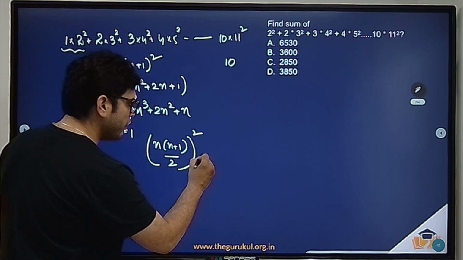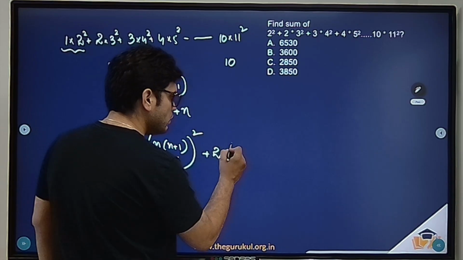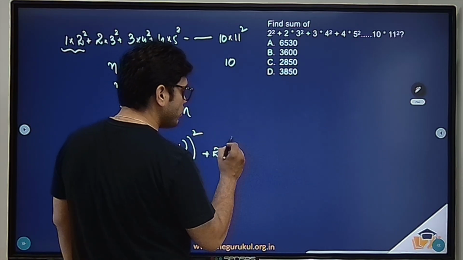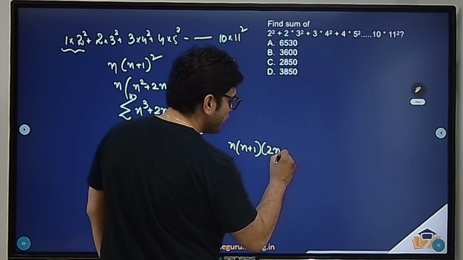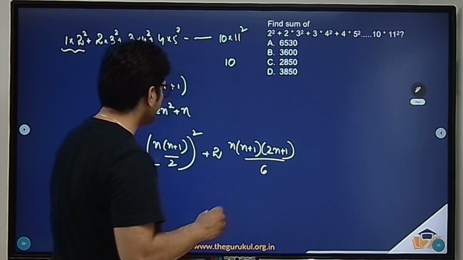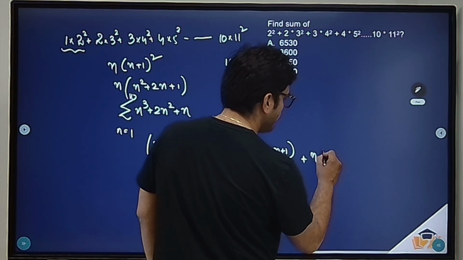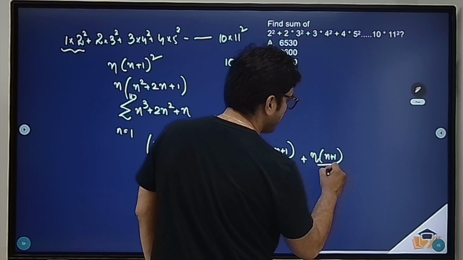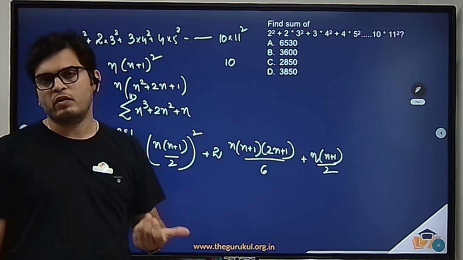Plus 2 into sigma n square, the sum of squares of n natural numbers: n into n plus 1 into 2n plus 1 by 6. Plus sigma n, that is n into n plus 1 by 2. Here again we have 10 terms, so the value of n becomes 10.